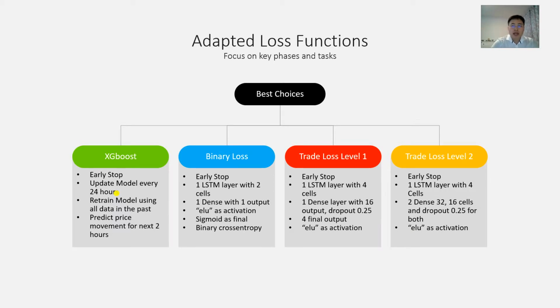For XGBoost, I just used the default parameters and updated the model every 24 hours to simulate practice. I used the default binary loss function for the long short-term memory neural network to predict the next 2-hour price movement.